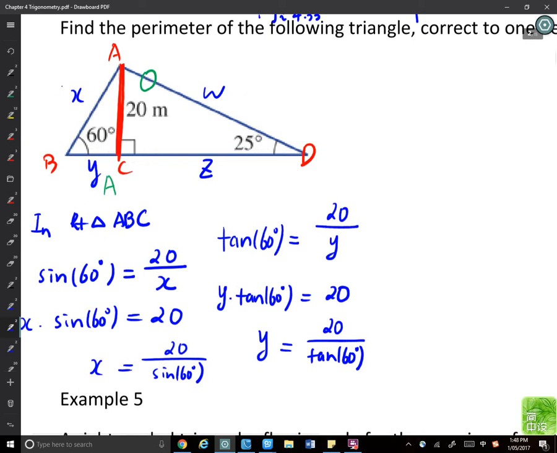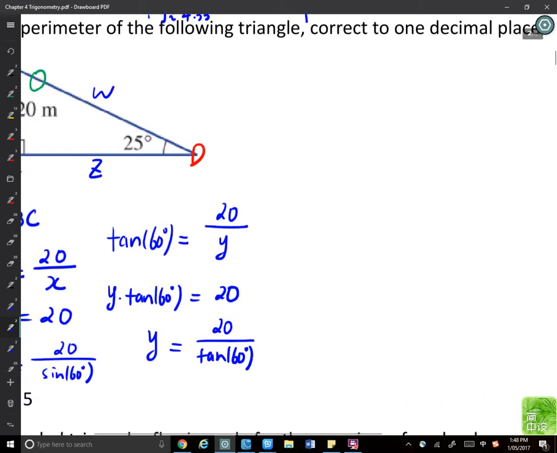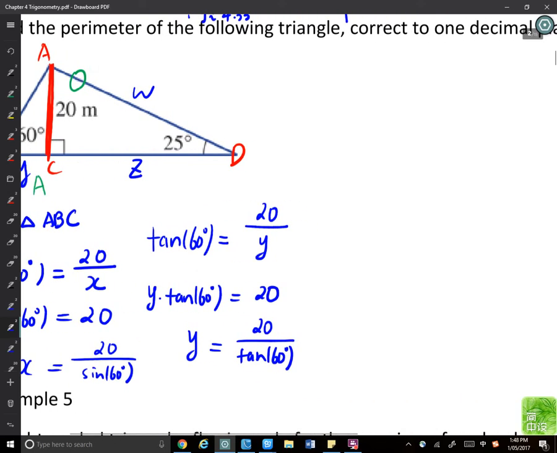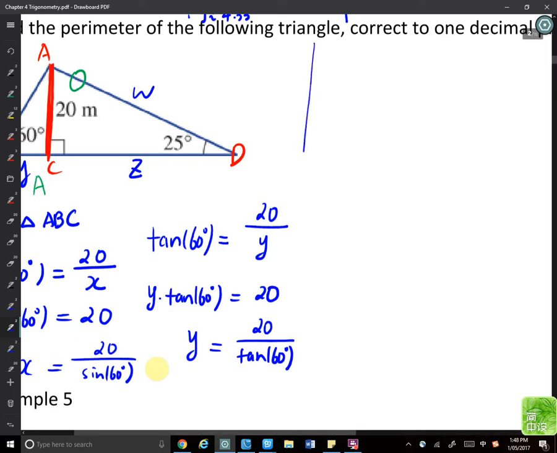Okay, I have my y value now. And I'm looking for w and z. That will be a similar case. So in right angle triangle ACD, let's see what sine 25 gives us.